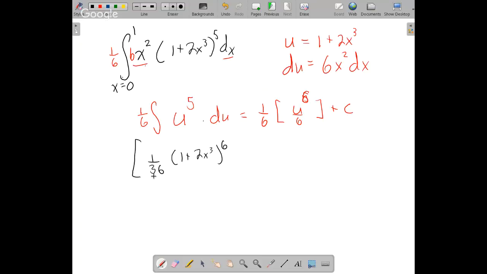So then I'm just going to wrap this in square brackets. I'm going to write the original boundaries back in because I'm back to x's, right? And so then I just plow through here, plug in my upper boundary.